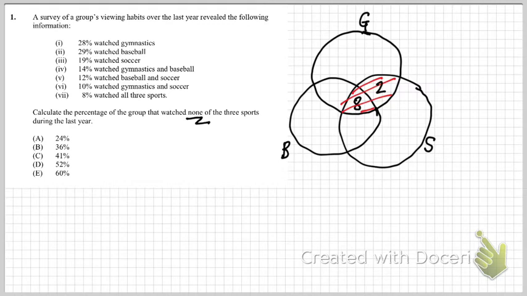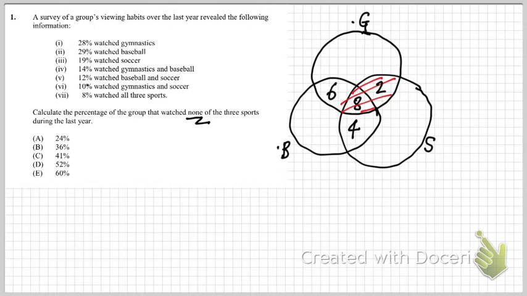And similarly, 12% watched baseball and soccer, so this has to be 4, so that 8 plus 4 is equal to 12. And 14% watched gymnastics and baseball. So this has to add up. So 6 plus 8 is 14.